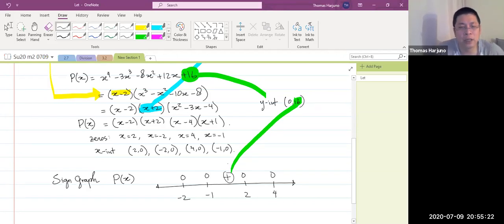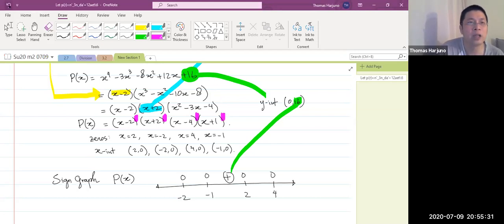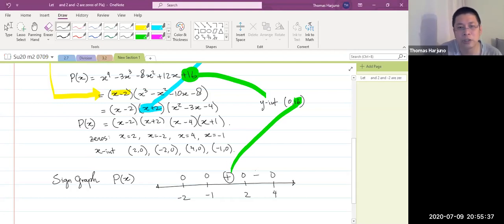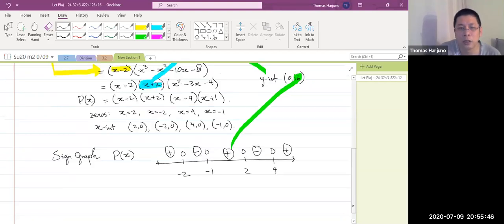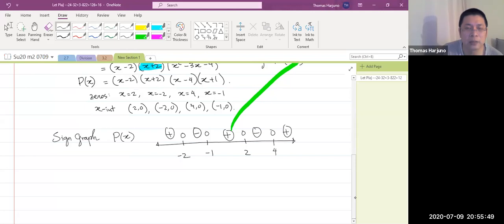And each of these zeros has multiplicity of 1. Exponent 1, exponent 1. I wonder if you remember that. If the exponent is odd, then every time it jumps across the critical numbers, it changes signs. Now, knowing the plus and minus tells us that the graph is above or below the x-axis.